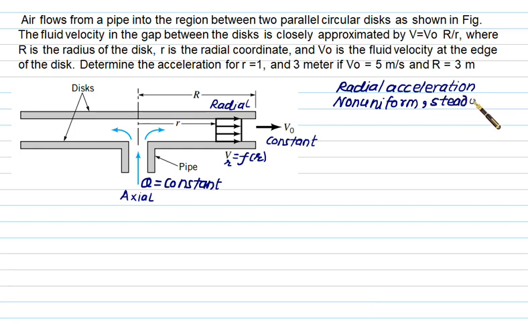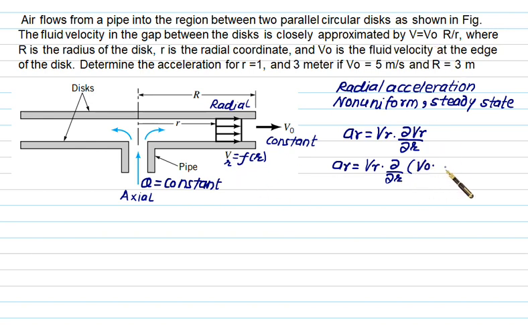So we have steady state. In that case the radial acceleration AR is given as VR into the derivative of VR with respect to dr. So we have radial acceleration at any distance r equal to VR into del VR by del r, and that is equal to V0 into capital R divided by lowercase r.